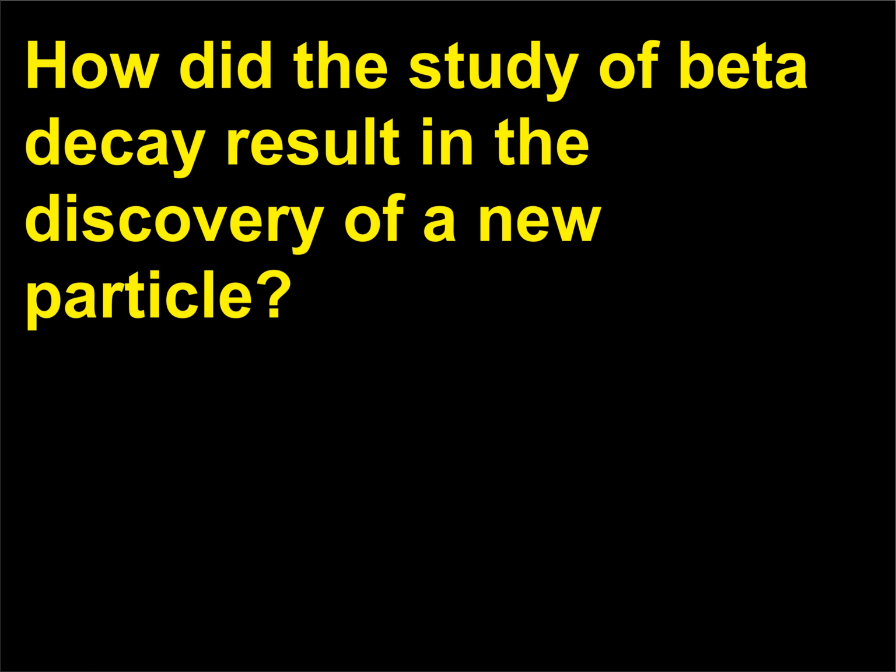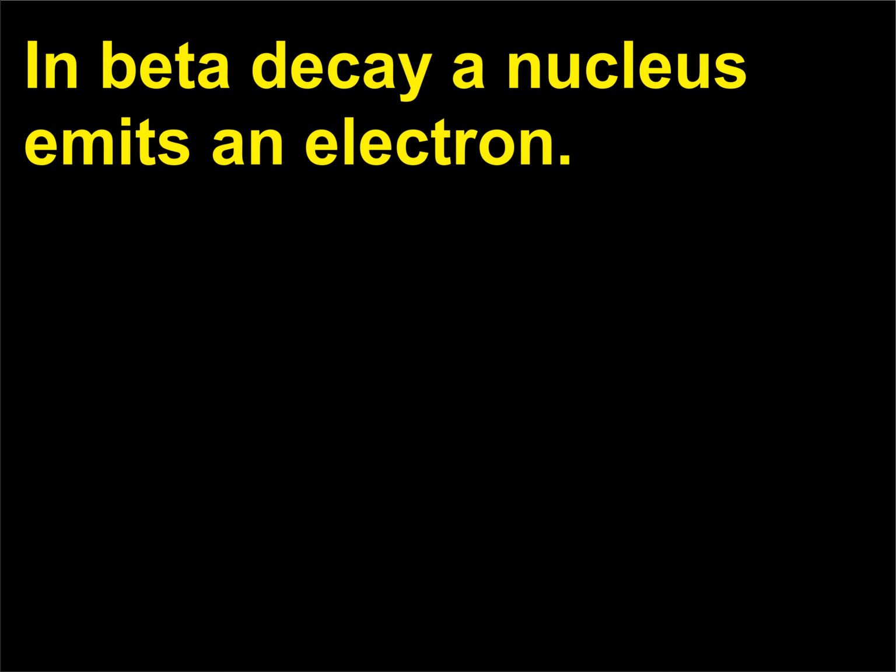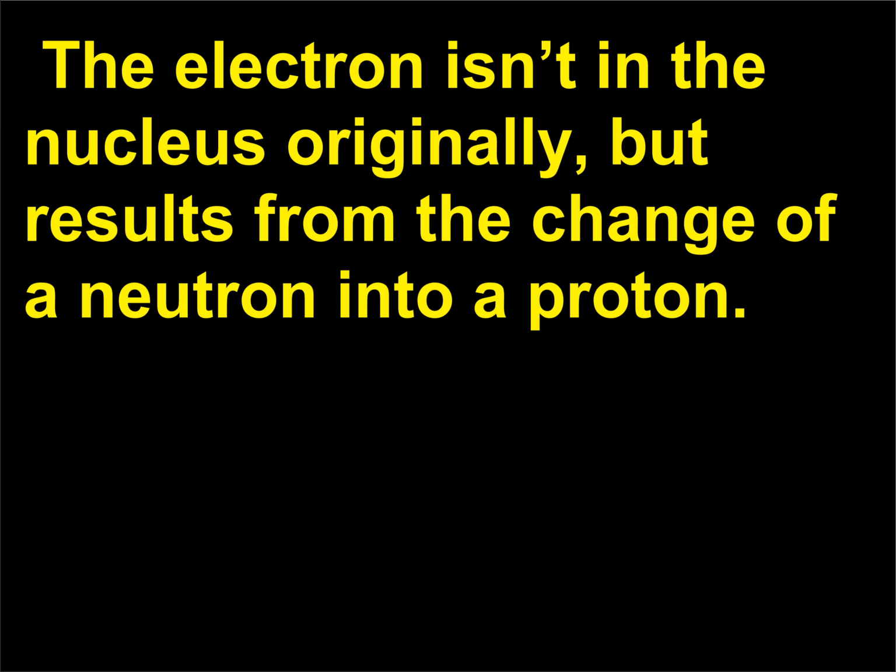How did the study of beta decay result in the discovery of a new particle? In beta decay, a nucleus emits an electron. The electron isn't in the nucleus originally, but results from the change of a neutron into a proton.